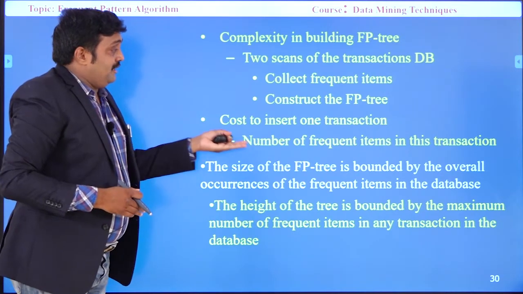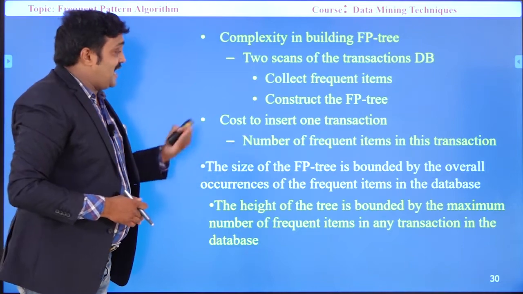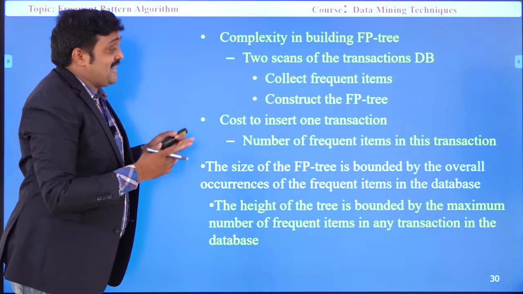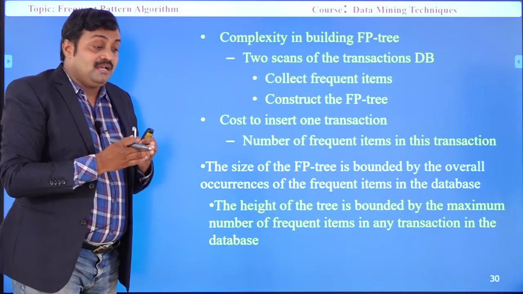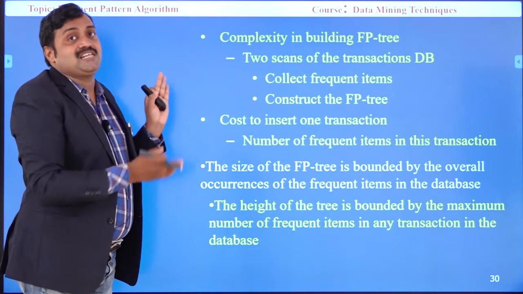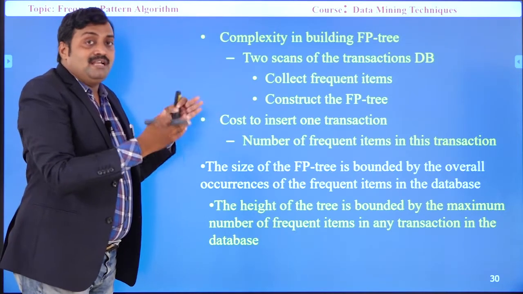Whenever we want to insert a new transaction, the cost always depends upon the frequent items. The size of the tree depends upon how many items are available in your transaction database. The size of the tree we cannot restrict to a limited size.